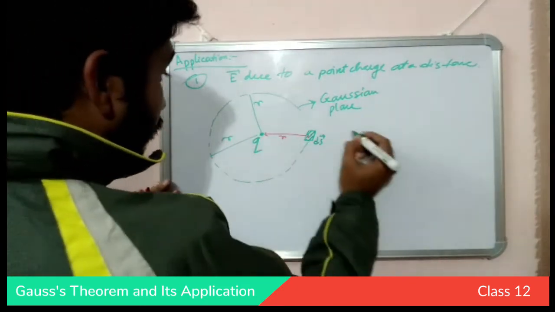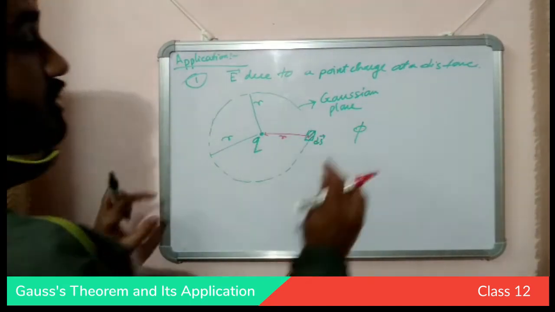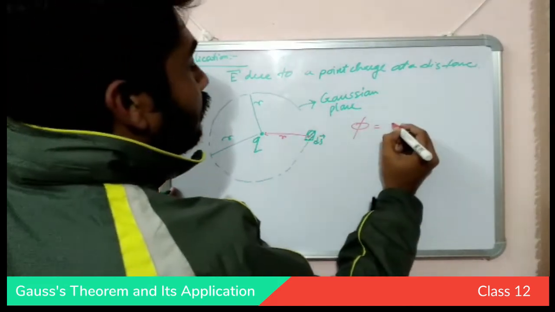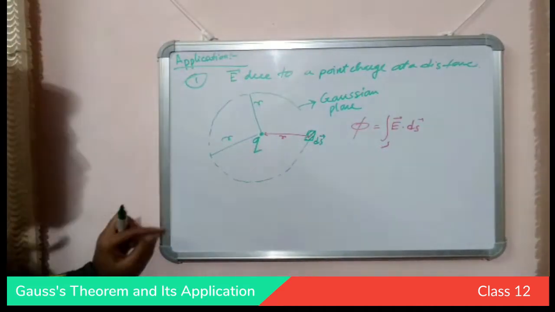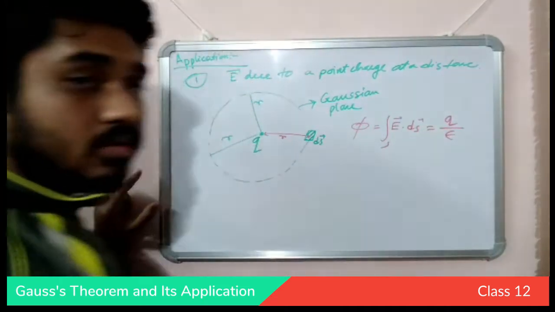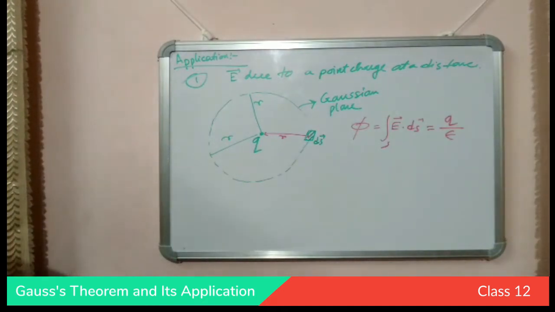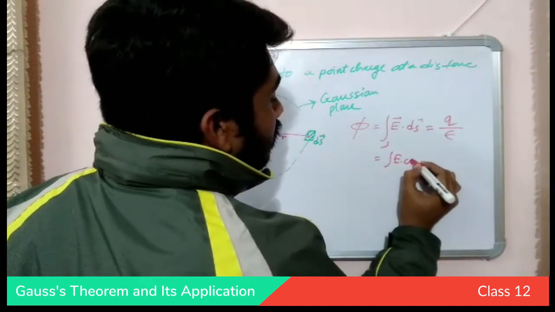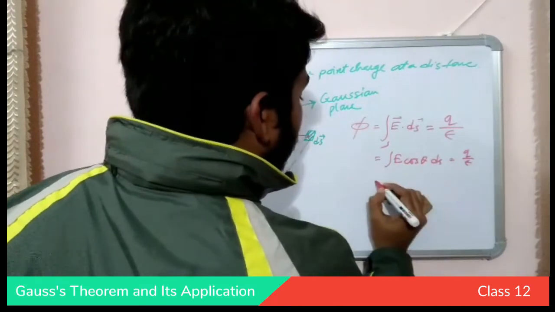So the electric flux phi through this surface is equal to E dot ds, and it is equal to the total charge enclosed by epsilon. It is written as E cos theta ds is equal to q by epsilon.